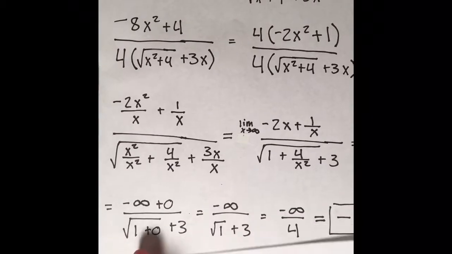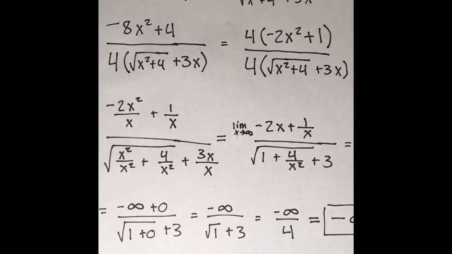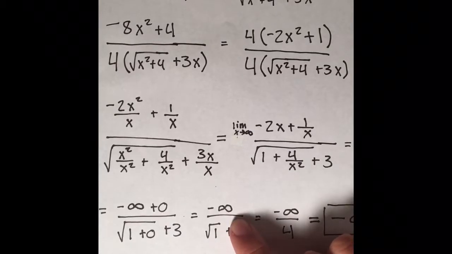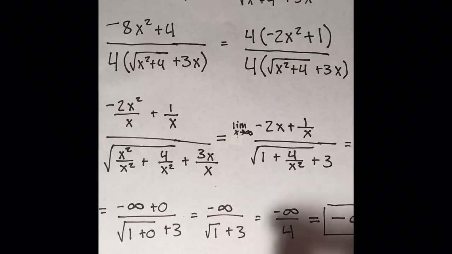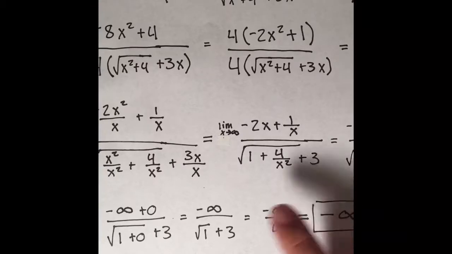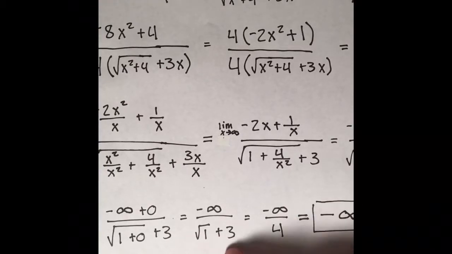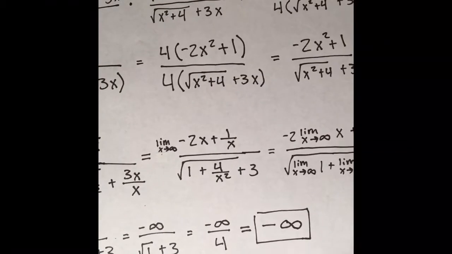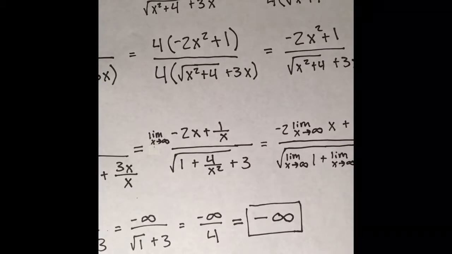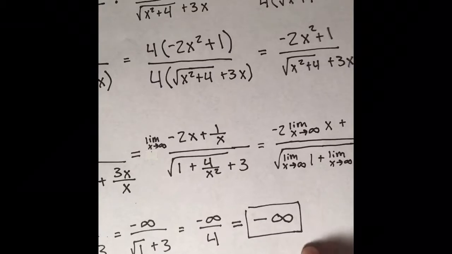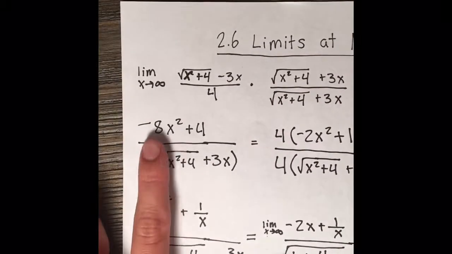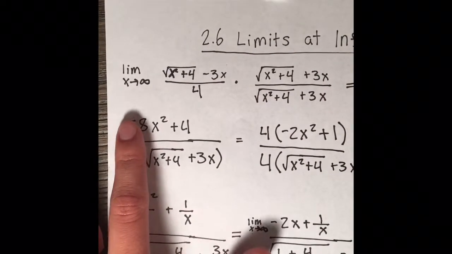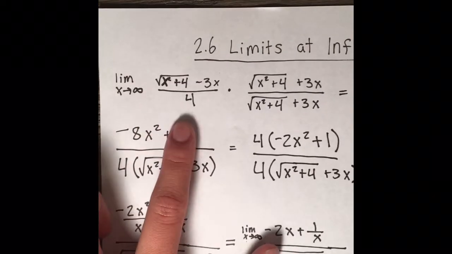When you simplify that, you are left with negative infinity over the square root of 1 plus 3, which is negative infinity over 4, because the square root of 1 is 1, plus 3 is 4. That is equal to negative infinity, because negative infinity divided by a small number such as 4 makes no difference. So this is your solution when you take the limit as x approaches infinity of this.